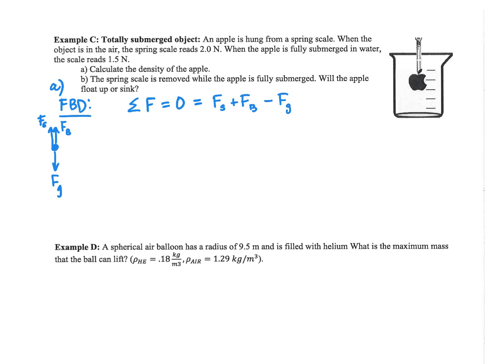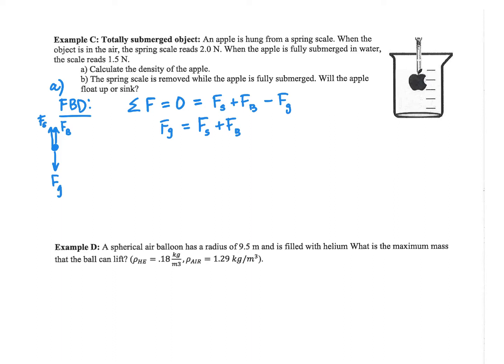Now we want the density of the apple. So which one of those 3 do we want to isolate on its own side? We're going to need the mass, aren't we? Gravity. So we're going to solve this and say the force of gravity is equal to F sub S plus the buoyant force, correct?